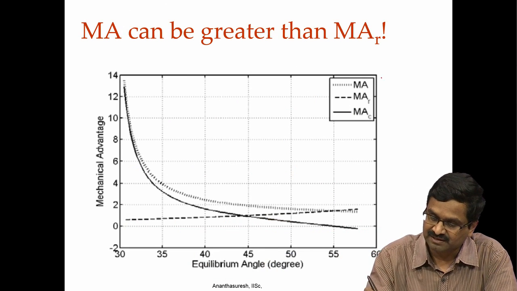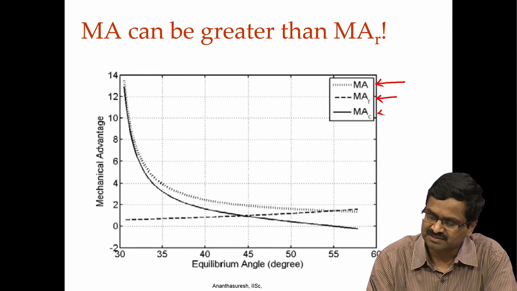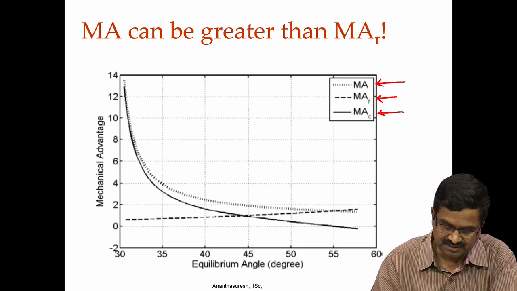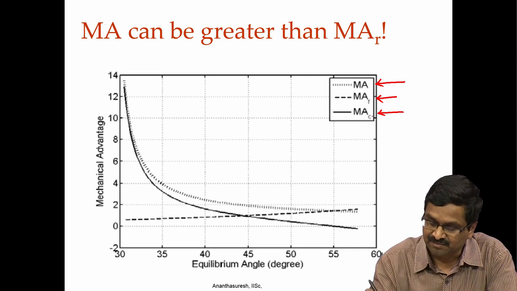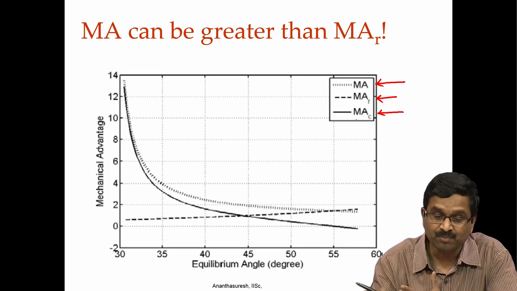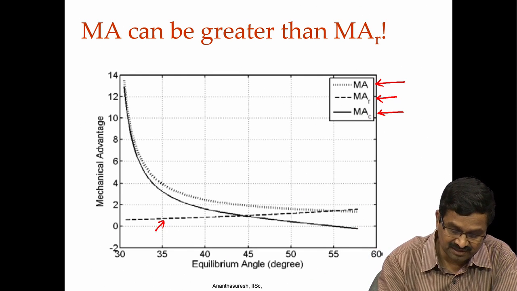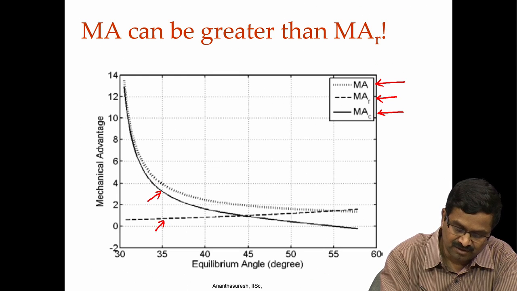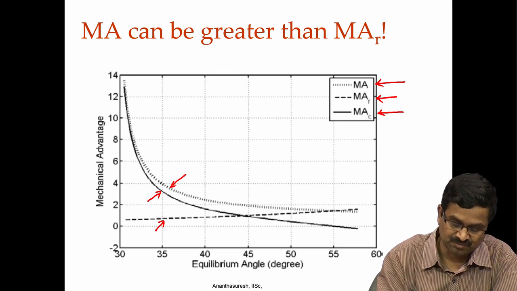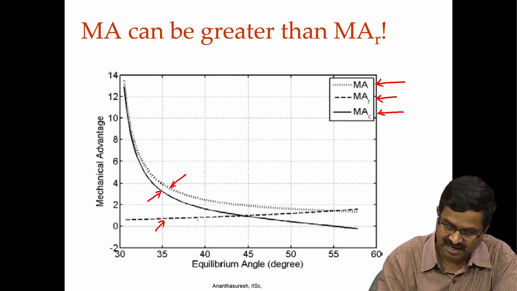We are able to get that this is the total mechanical advantage, this is MAR, this is MAC. You can see that in this particular case MAC is positive, because as you can see here, this is MAR, that is very little here, this is MAC. Total mechanical advantage of course is more than the rigid body one, that is the dashed line.